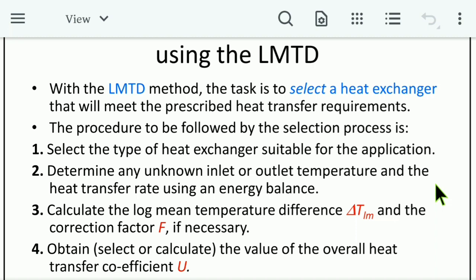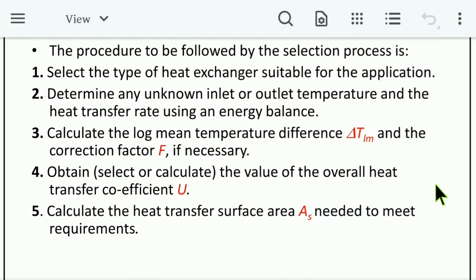Number 2, determine any unknown inlet or outlet temperature and the heat transfer rate using an energy balance. Number 3, calculate the log mean temperature difference del T Lm and the correction factor F if necessary. Number 4, obtain or select or calculate the value of the overall heat transfer coefficient U. Number 5, calculate the heat transfer surface area AS needed to meet requirements.